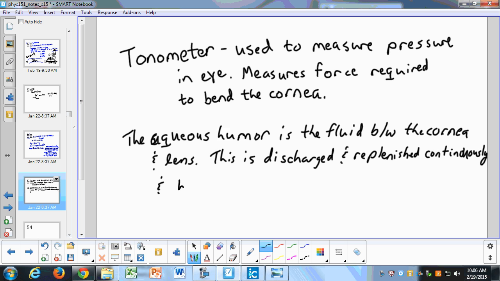And as I said before, high pressure is called glaucoma. So a tonometer, for example, would be used to test for glaucoma. If that pressure in the aqueous humor is too high, then it's used to diagnose that. You can get that because either this fluid isn't discharging properly, or it's being replenished at too high a rate. So you get too much fluid in there, basically.